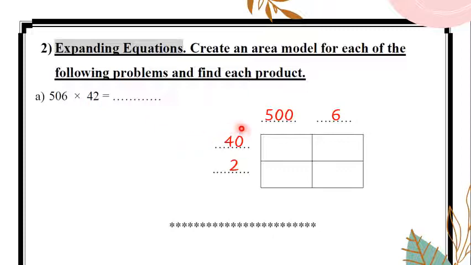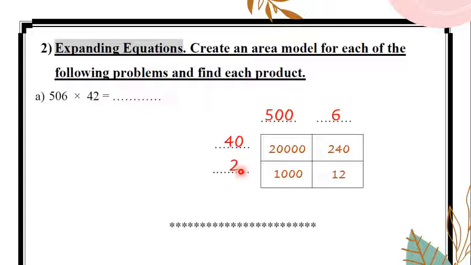Now multiply 40 times 500, it will be 20,000. And 40 times 6, it will be 240. Then 2 times 500 equal 1,000. Then 2 times 6 equal 12.